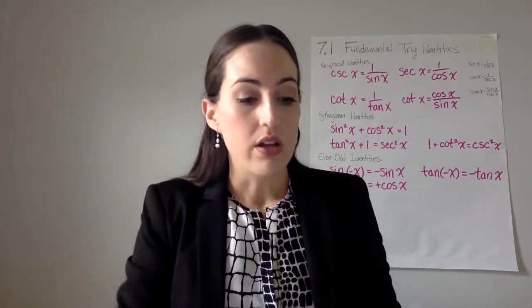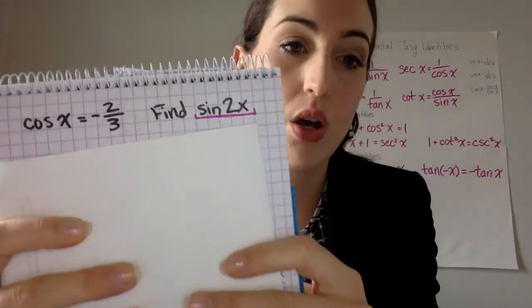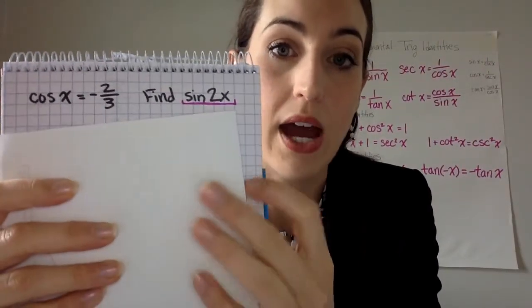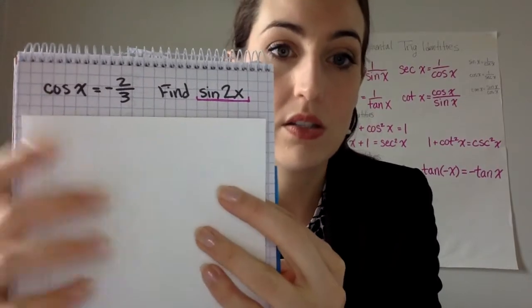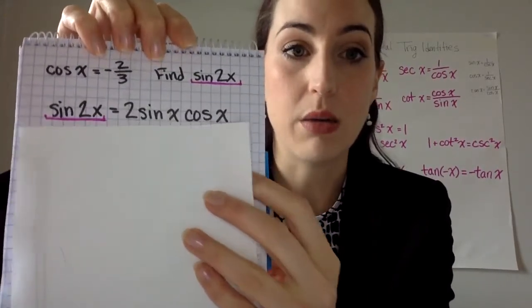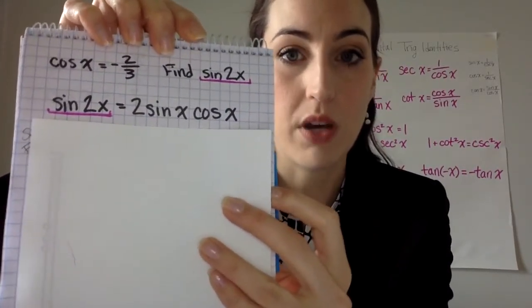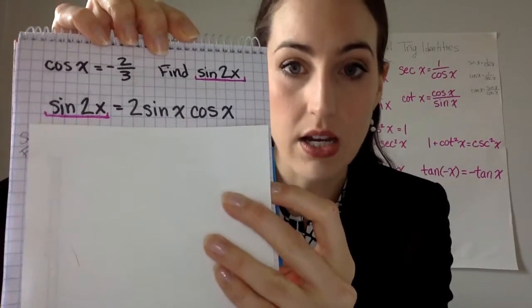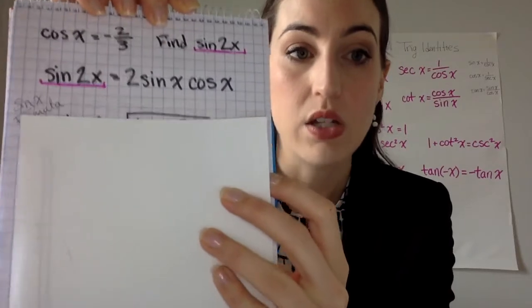We know cosine is given. Cosine x is -2/3, and we have to find 2x, sine 2x. So I'm going to go to my sine double formula. There's only one, the first one of that box we copied down. Sine 2x equals 2 times sine x times cosine x.